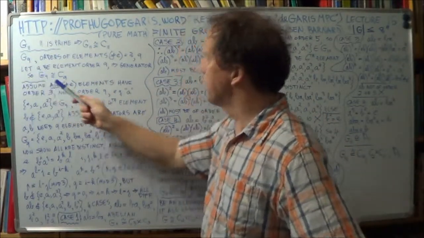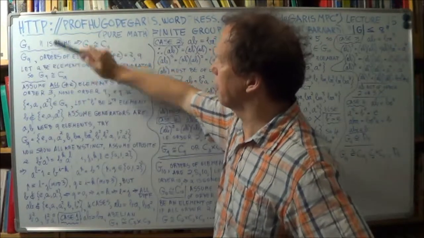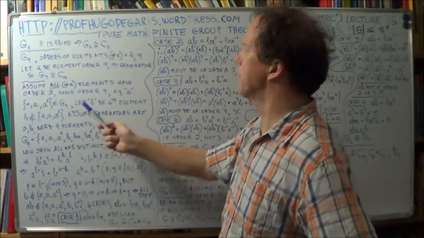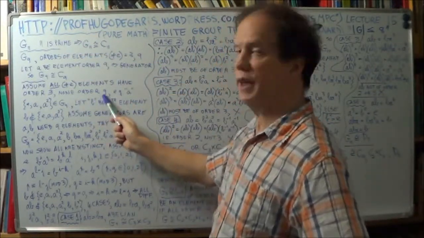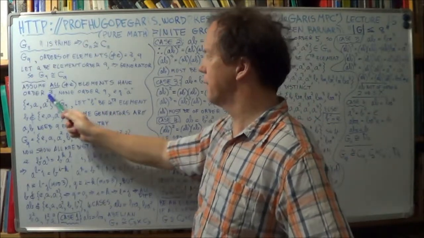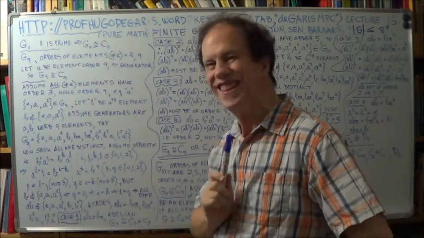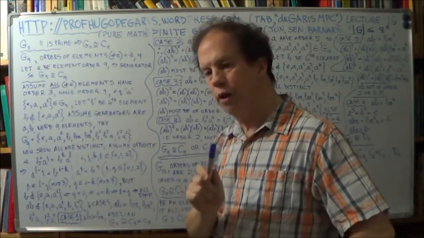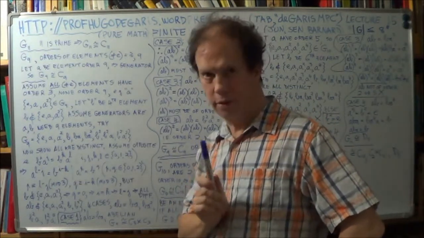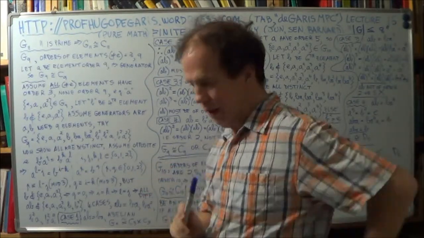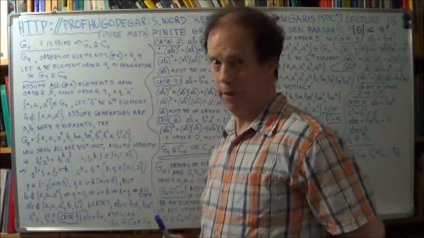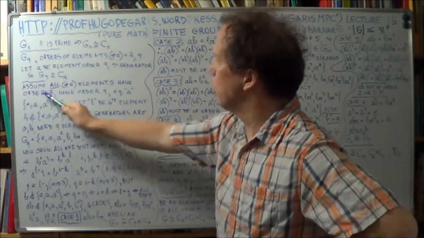Now we've done that category. Now assume that there are no elements of order 9, and hence, except for the unit, all the other 8 must all be of order 3. Has to be, because there's no other possibility because of the corollary. So they're all of order 3.